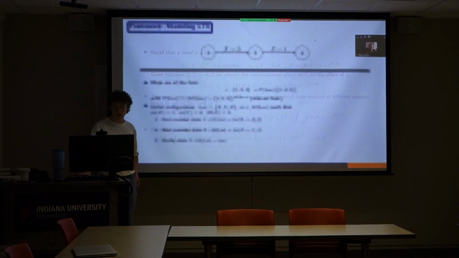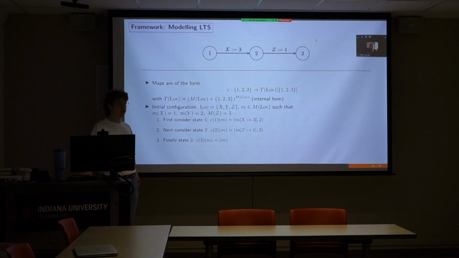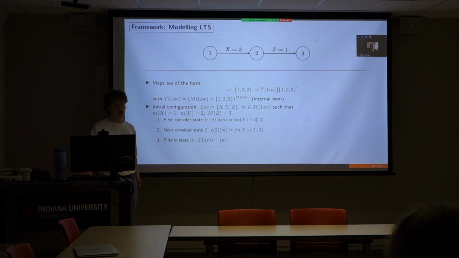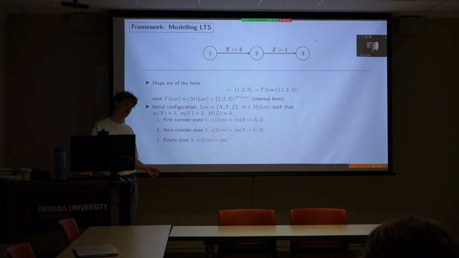Now, in this example here, we only have a way to model programmatic effects that modify the whole memory. But the whole goal is to see what programmatic effects do to a smaller memory.